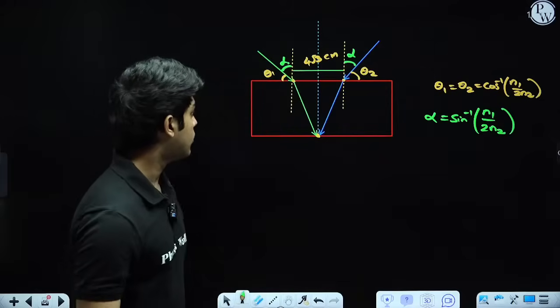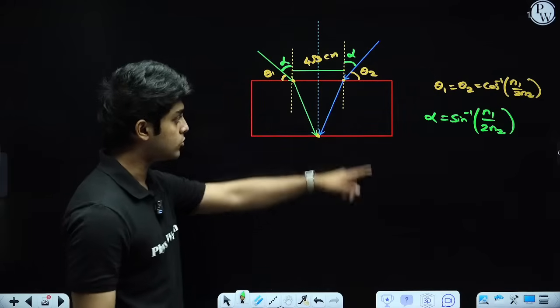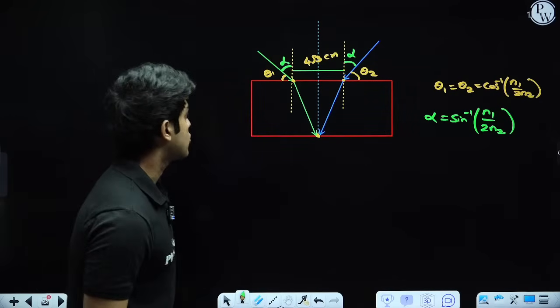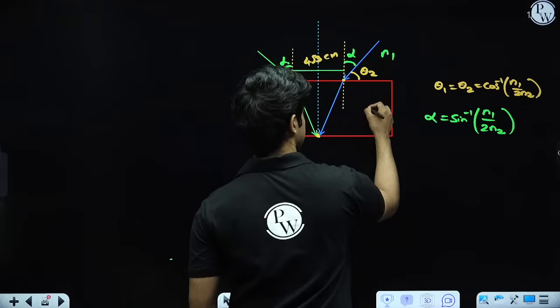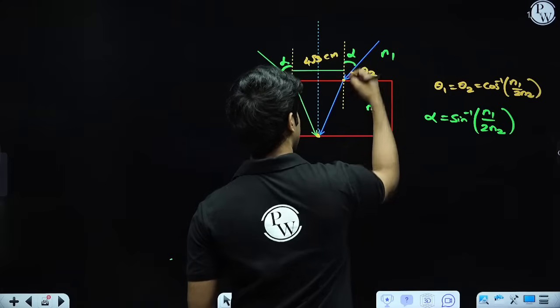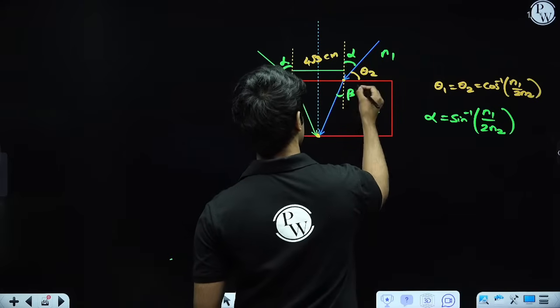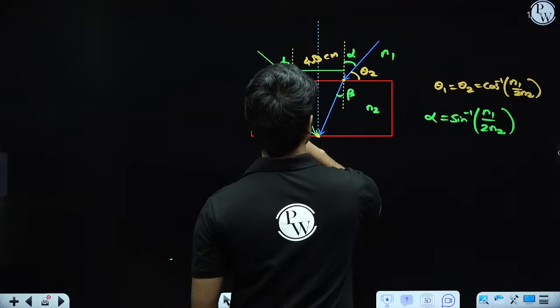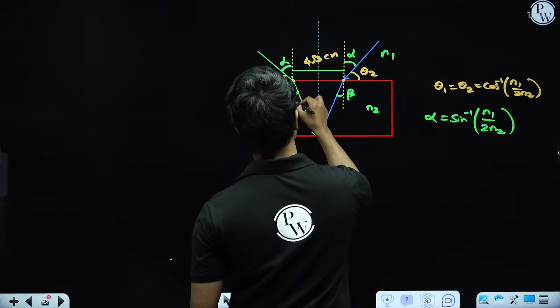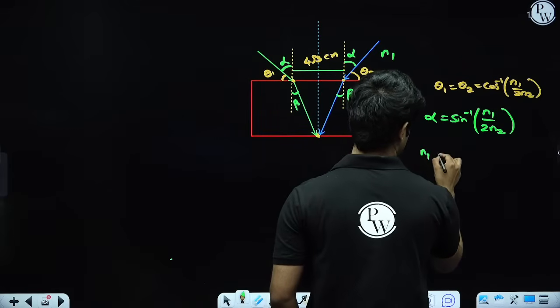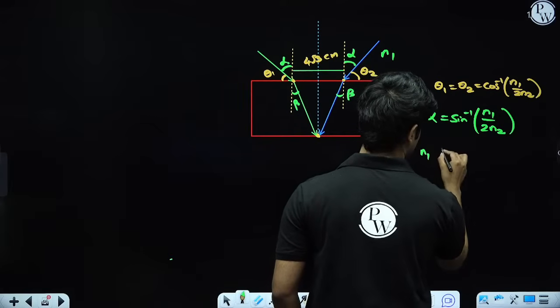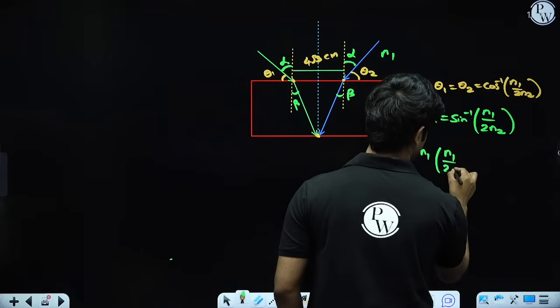These two angles are equal also, it's given. So now we can apply Snell's law. This is n1, this is n2. So n1 sine alpha equals, let's say this angle is beta. So this angle will also be beta. n1 sine alpha is going to be n1 divided by 2n2.